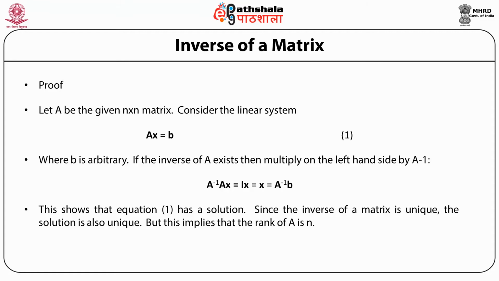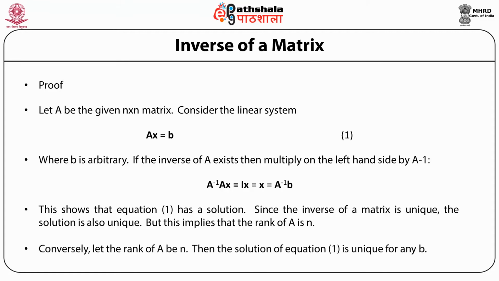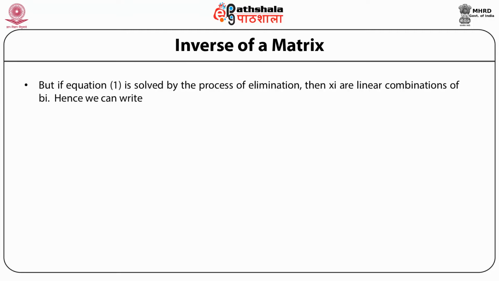We can also do it in a converse way. Conversely, let the rank of matrix A be n. Then the solution of the linear system Ax is equal to B is unique for any B. If the equation is solved by the process of elimination, then xi are linear combinations of bi.